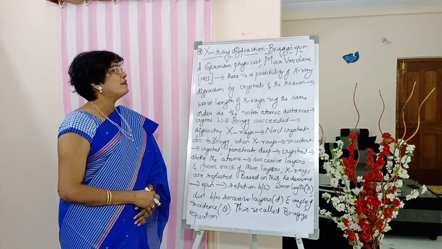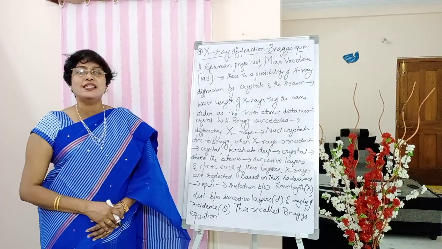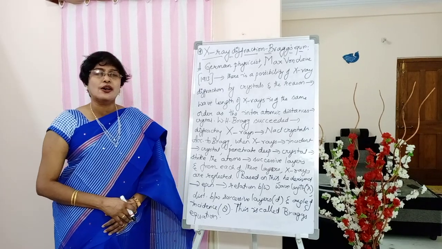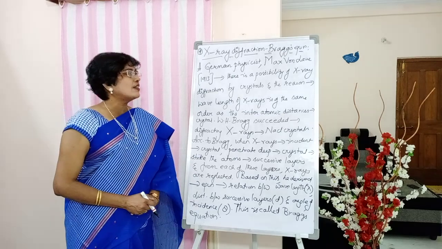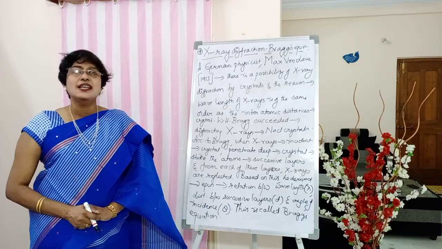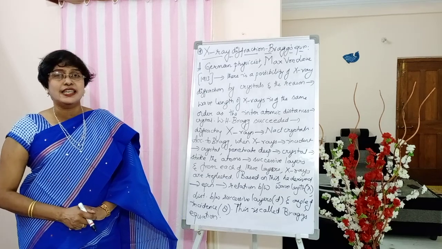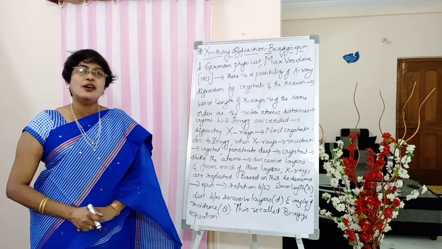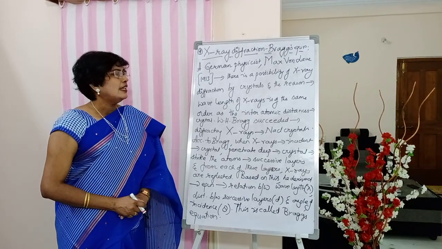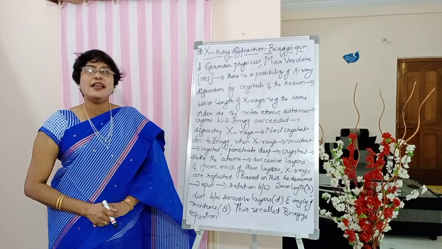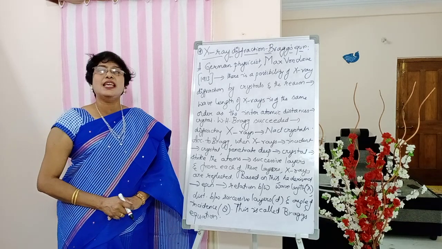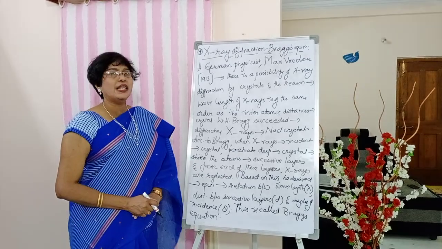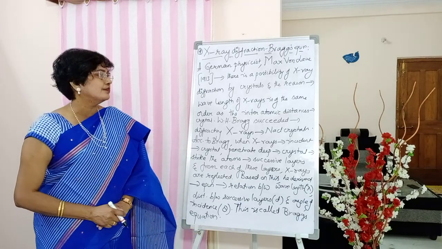Write down: a German physicist, Max von Laue, in 1913 suggested that there is a possibility of X-ray diffraction by crystals, and the reason for this is that the wavelength of X-rays is of the same order as the interatomic distances of a crystal.